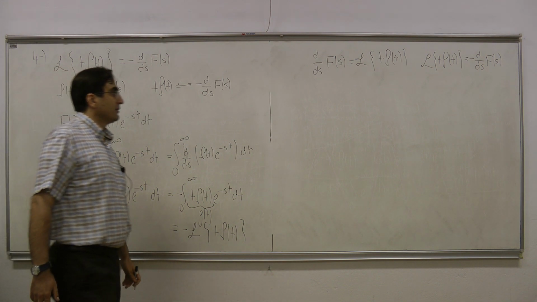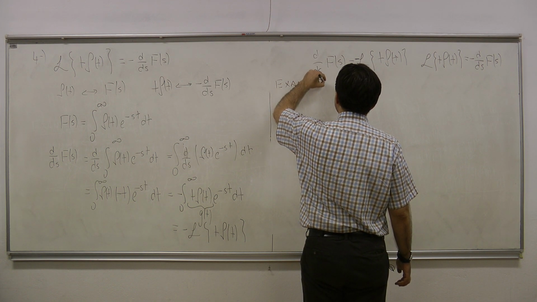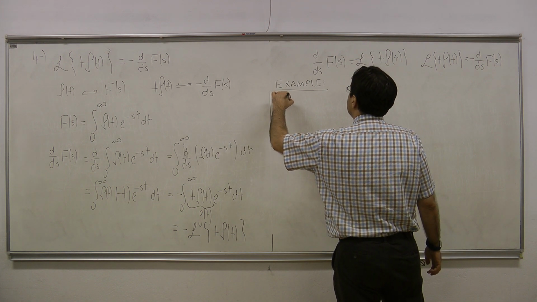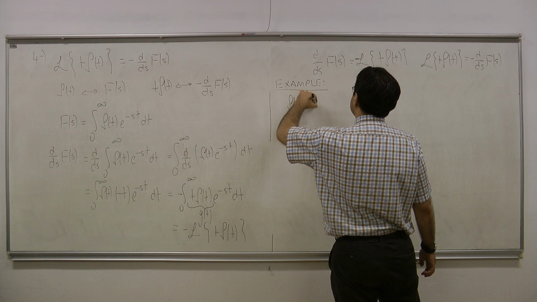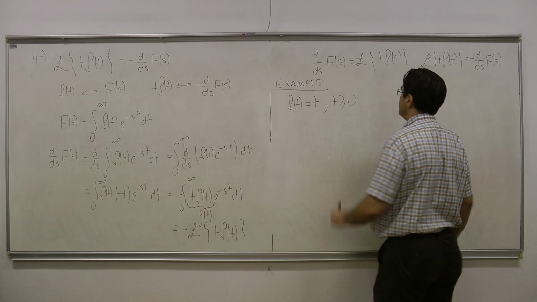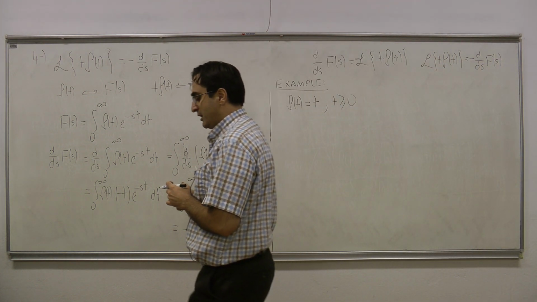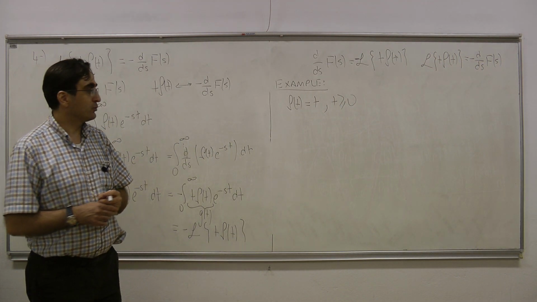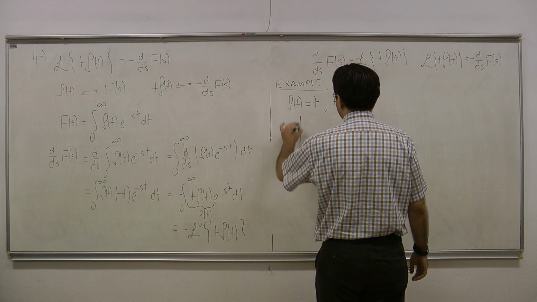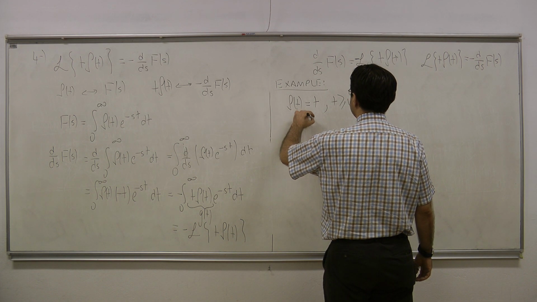So now let us look at some examples. I would have here the following function. f of t is equal to t for t larger than or equal to 0. This function also has a specific name in control theory, and it is called the unit ramp function. If I try to draw it like this, I have f of t here.